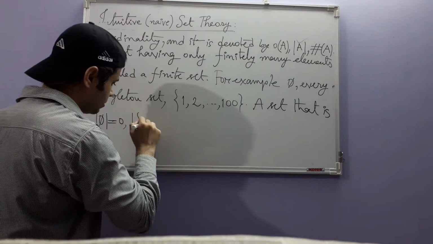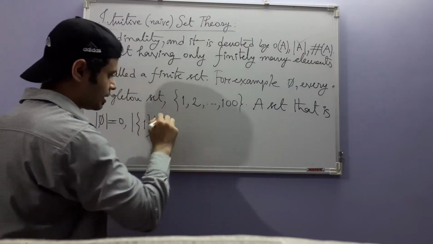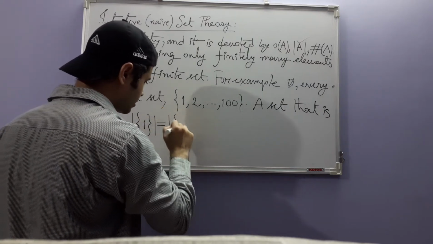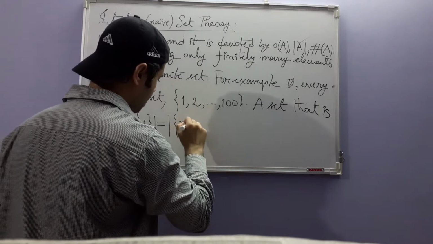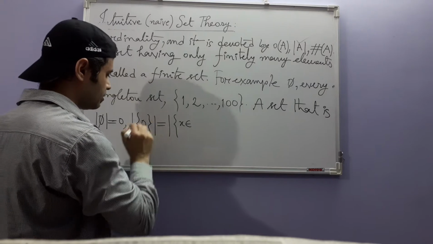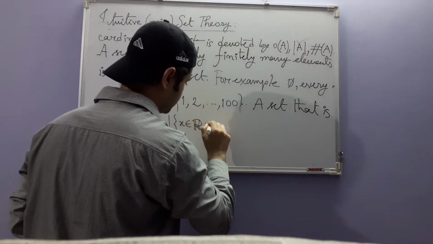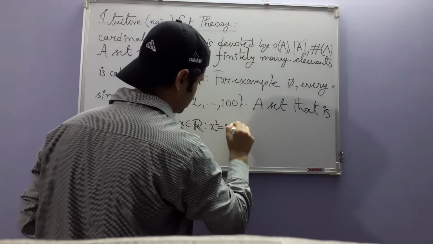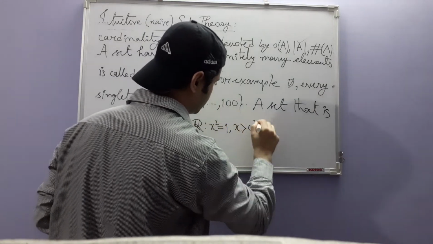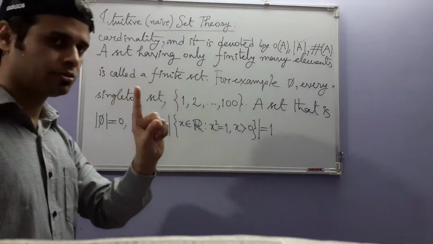Cardinality of this singleton set as well as cardinality of this singleton set, or I can write 0 here. They are equal to 1. Each one of them has only one element.